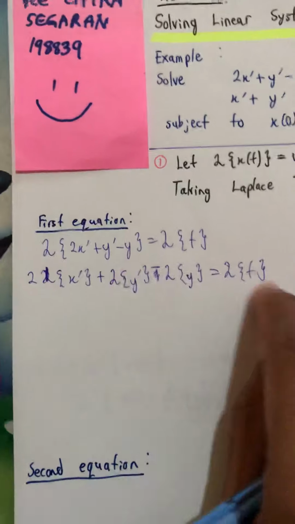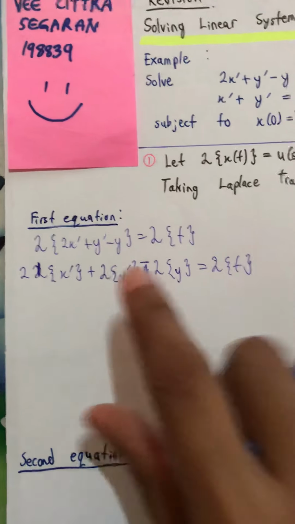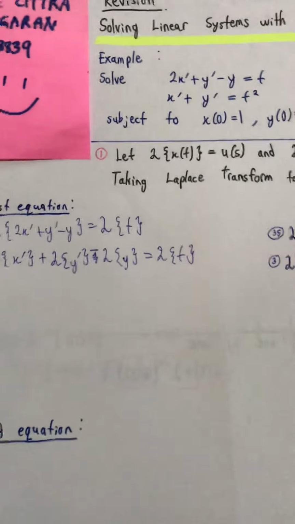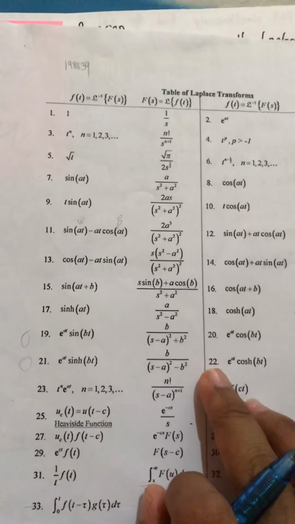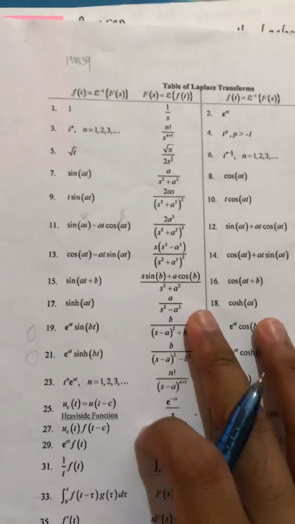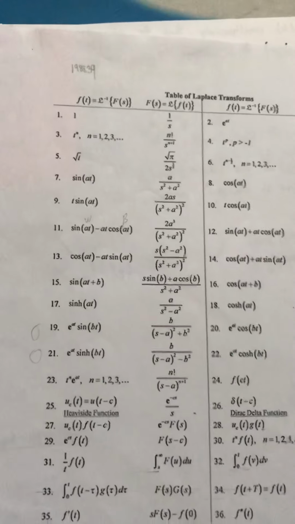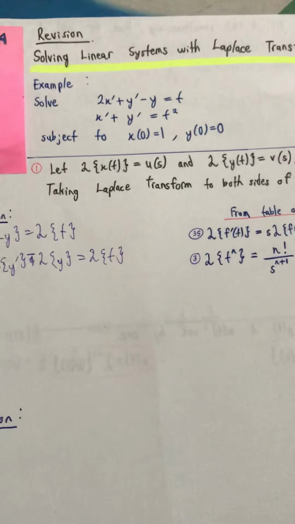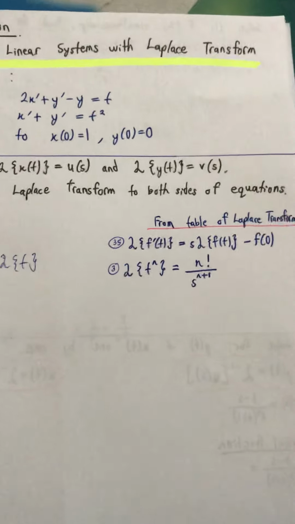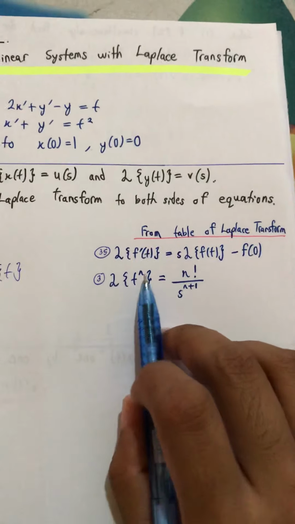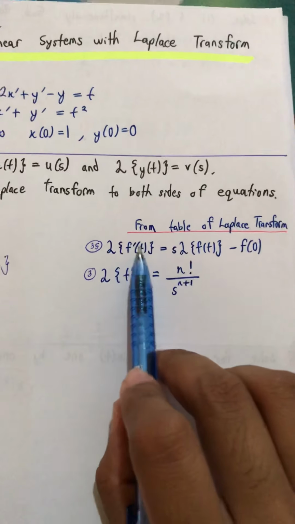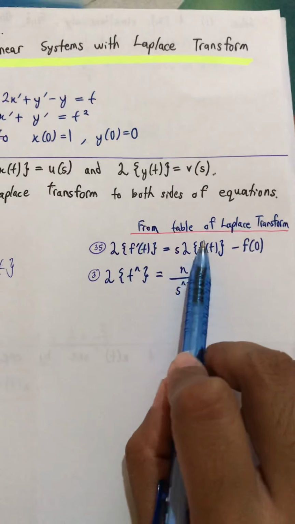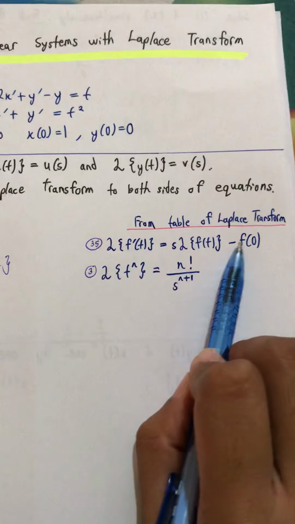To solve this, we just look through the table of Laplace transforms. Here is one example of a table of Laplace transforms that we can find on the internet. I already looked through the table, and we get the property from number 36: the Laplace transform of f' equals s times the Laplace transform of f minus f(0).